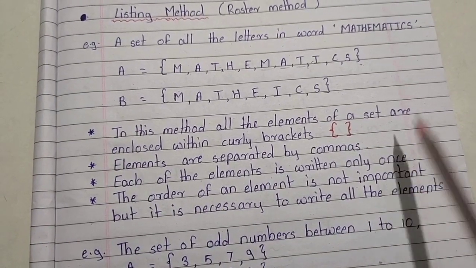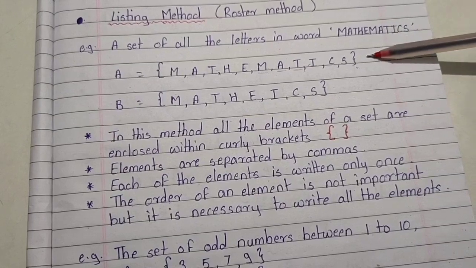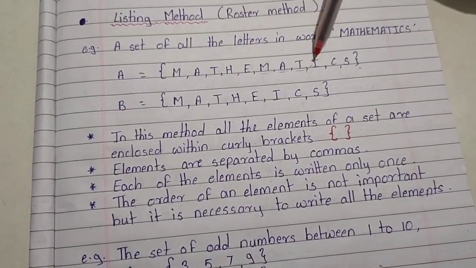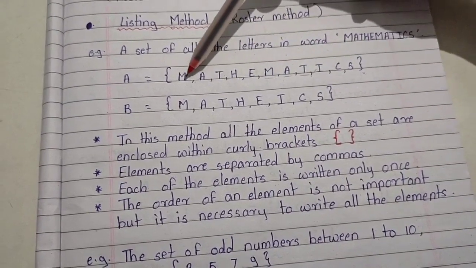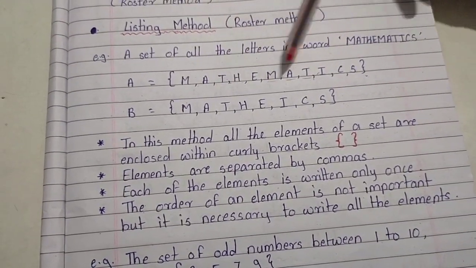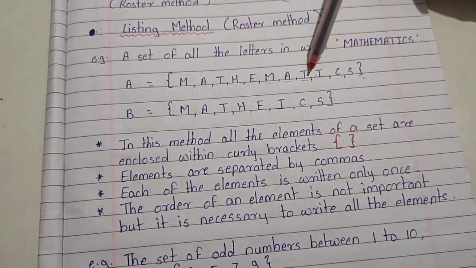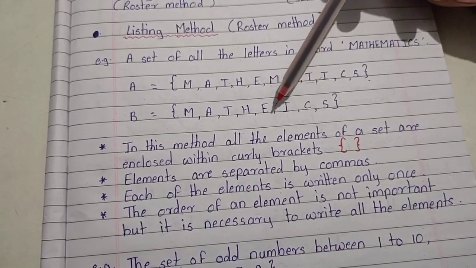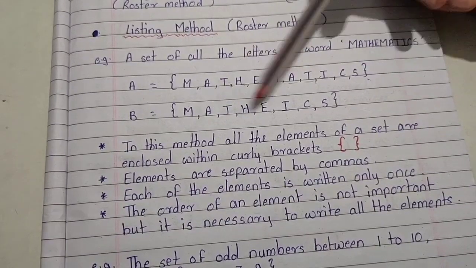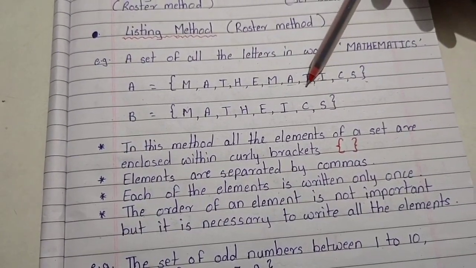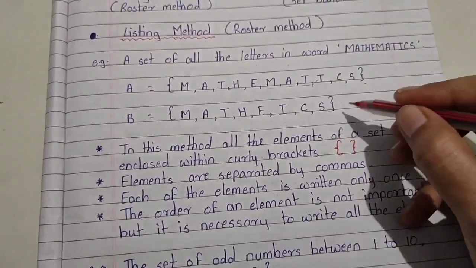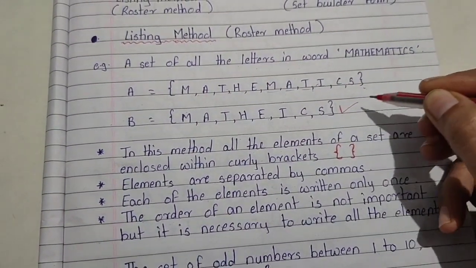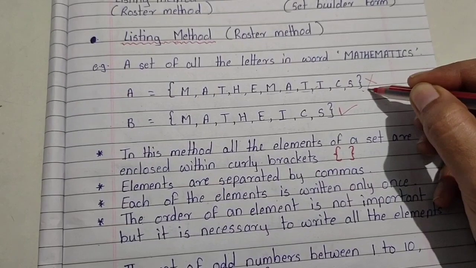Now you can observe here, in the first set, set A, which includes all the elements, MAT is repeated over here, but according to the rule it is not allowed. In set B, they have skipped the repetition. So according to the third rule, this one is a correct set and this is not.